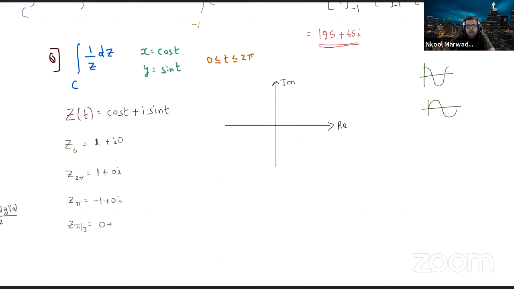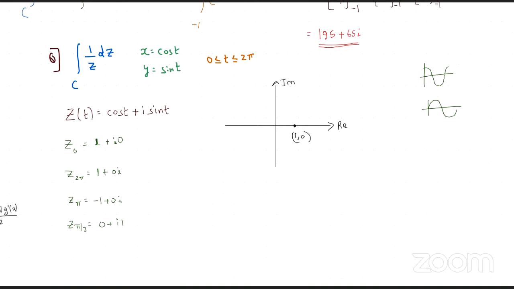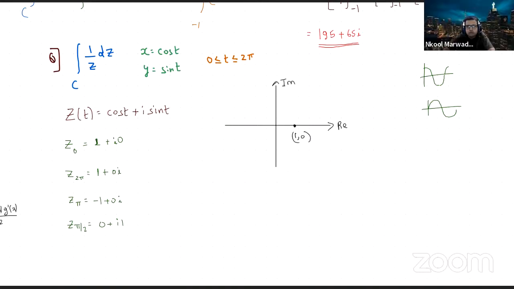So these are the points we got, and now we can visualize them. X is 1, y is 0, so this is 1 comma 0. Then we have -1 comma 0, again 1 comma 0, the same point.